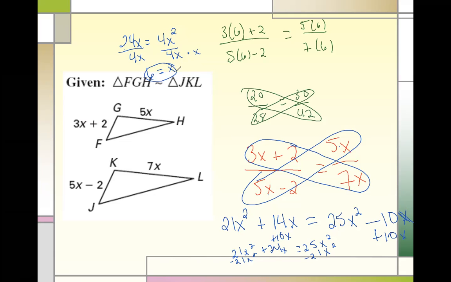That's how I end up with just x being left, because 4x times x gives me 4x squared. How can I create 24x? If I'm dividing by 4x, then the only other thing that will be left to create 24x would be 6 times 4x. That's how I know I'm left with 6.